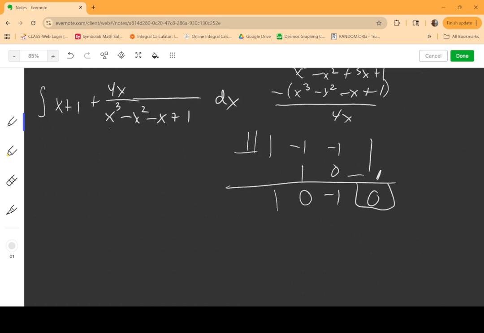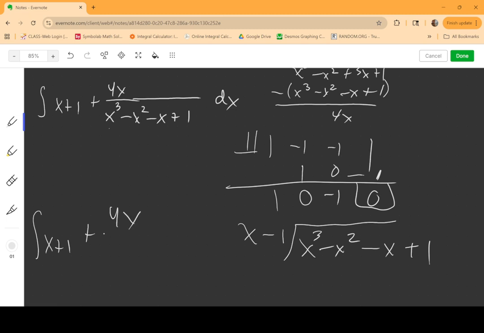Now the corresponding long division would be x minus 1 dividing x cubed minus x squared minus x plus 1, and you would come to the same conclusion. Since 1 is a root, x minus 1 is a factor.